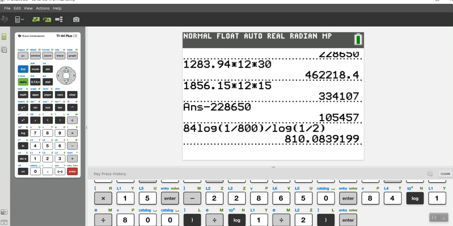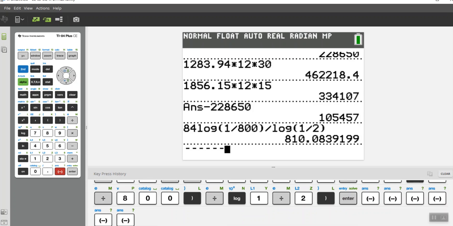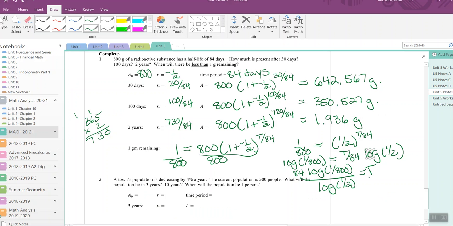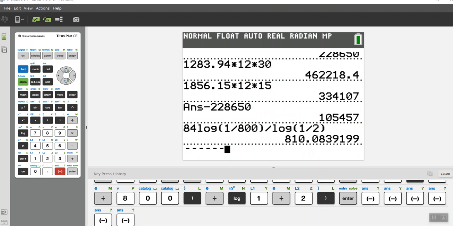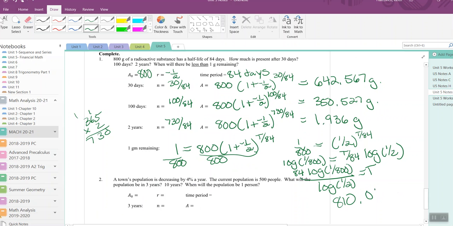So that gives us 810.084 days. So that's how long it'll take to have less than 1 gram remaining.